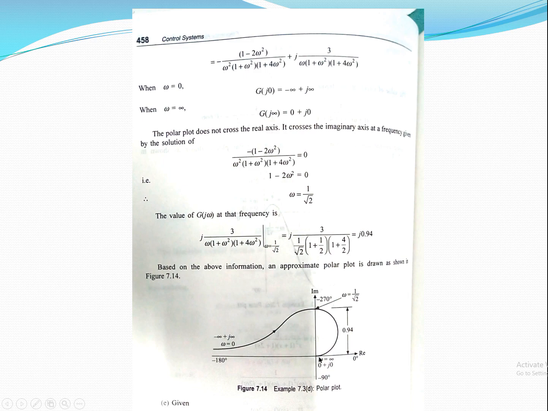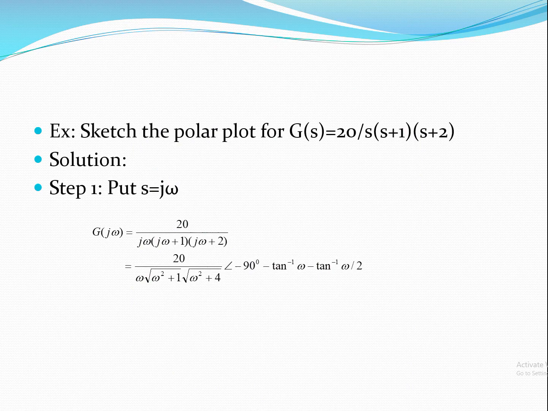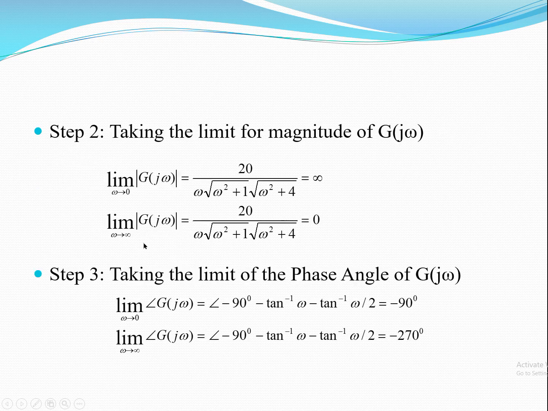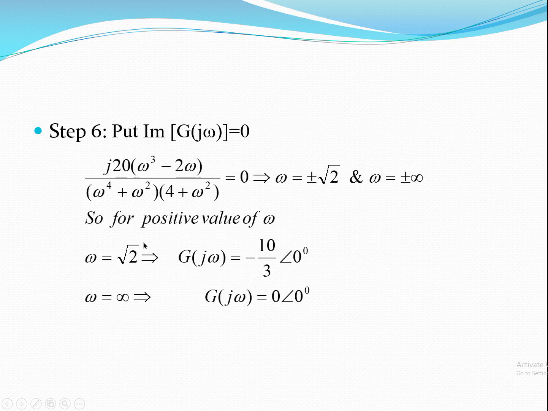So this is the shape of your type 2 system. This is an extra example: 20 upon j omega (j omega plus 2). It is a type 1 system, so the type 1 system calculation is given.